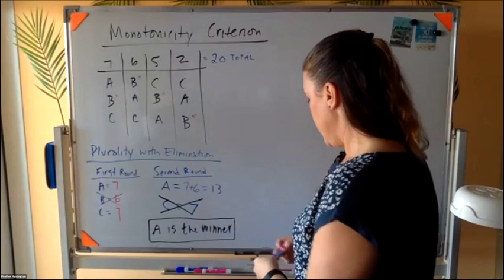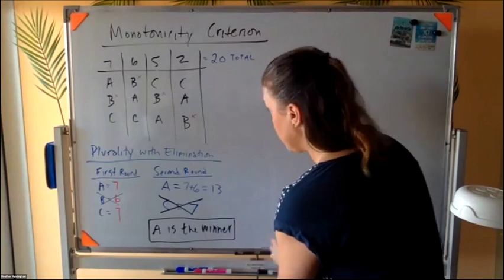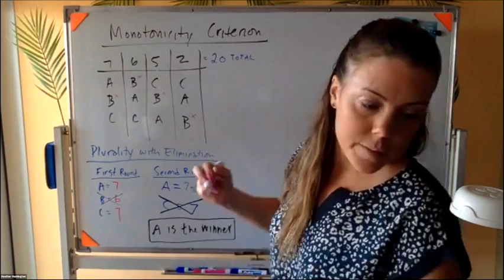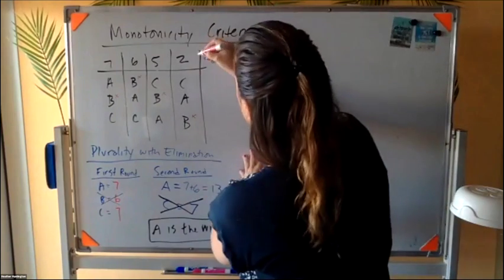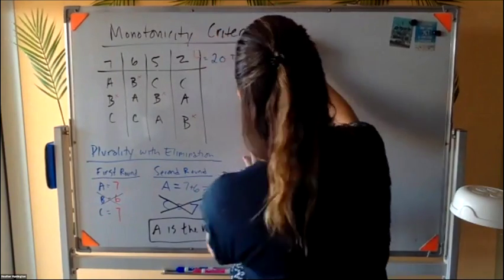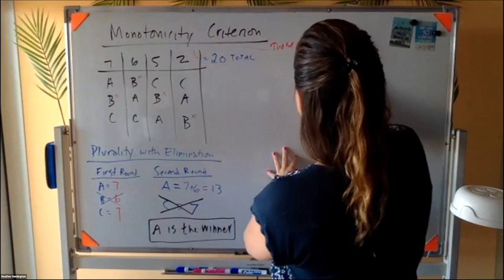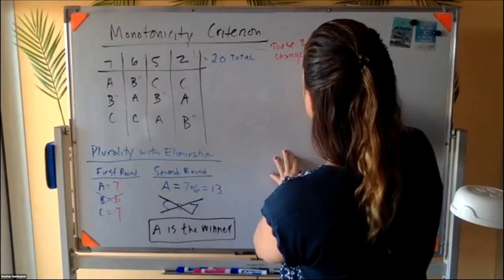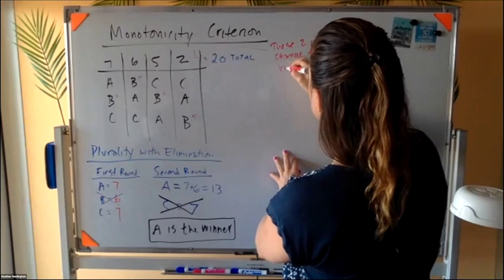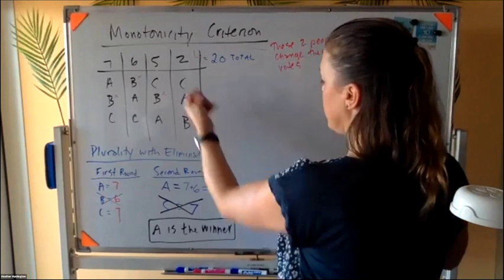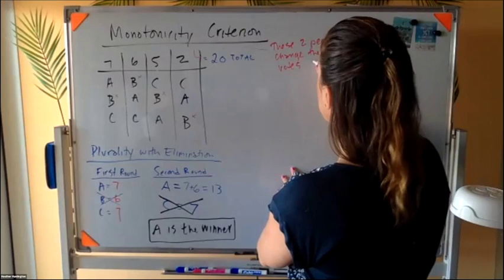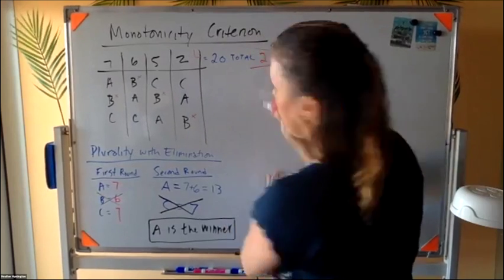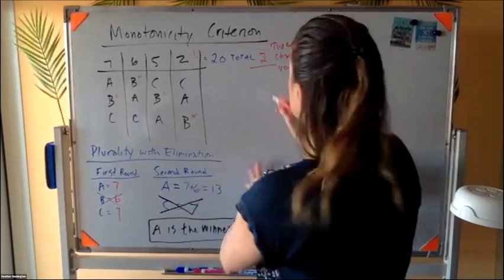Well, then let's say these 2 people change their mind. Change their votes. They're even more convinced that A is going to win. So they say they're going to vote as 2 people, and they're going to vote as ACB.